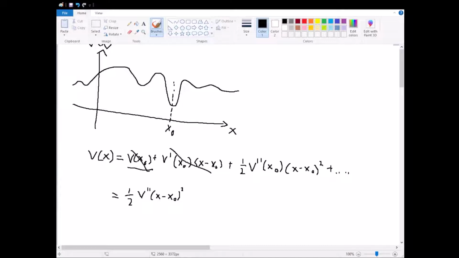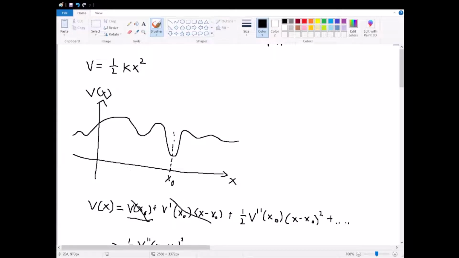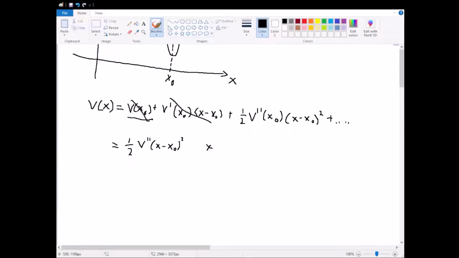Next, we can recognize that this is effectively just a simple harmonic potential, because if we displace our x-axis and define x naught to equal 0 as our equilibrium point, then this is effectively the same thing as 1/2 k x squared, because the x squared in the spring potential is the distance away from the equilibrium point.